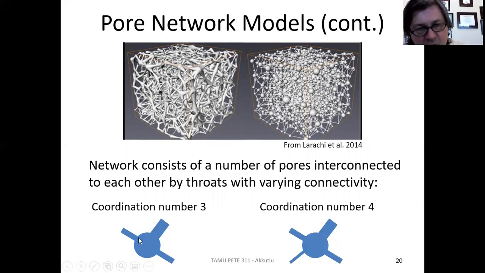So here, how many connections does a pore have? That's the coordination number. Here's another pore. Now it has 4 coordination. So what is the difference between 3 and 4 and 5? As the coordination number goes up, delivering the fluid from one pore to the others will be a lot easier with the coordination number getting larger, right?